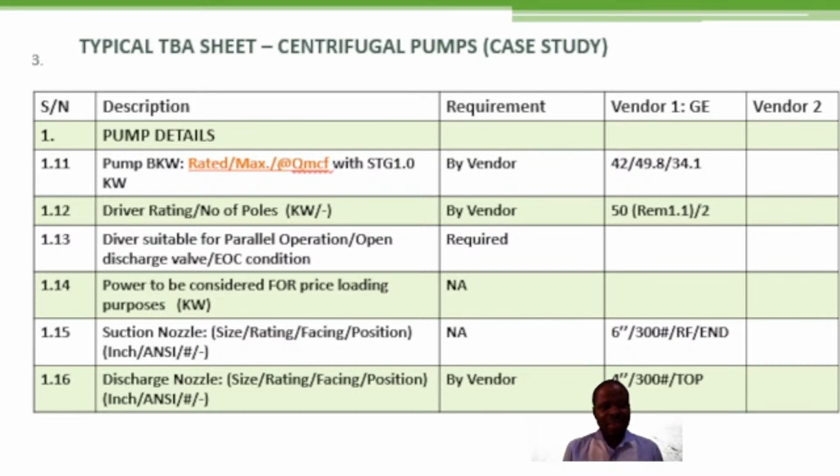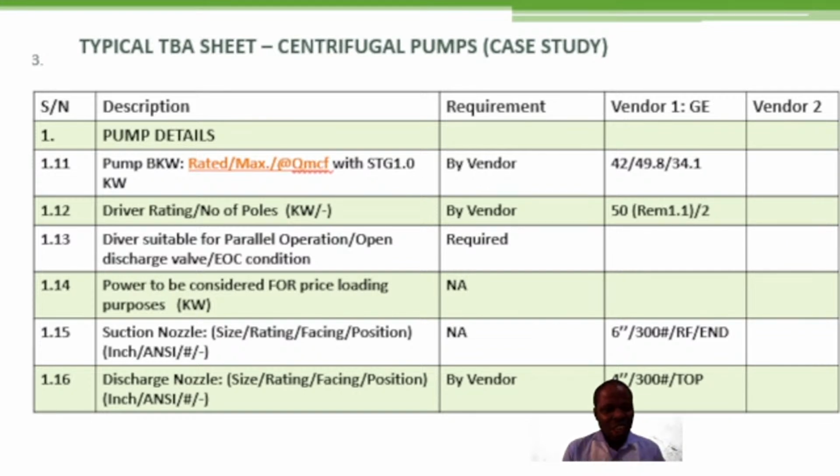You also state it. Now, on the technical bid analysis, you also have to consider your suction nozzles. Has the vendor supplied you with the suction nozzle sizes, the ratings? What is the rating? What is the facing? What is the position of the suction nozzle?